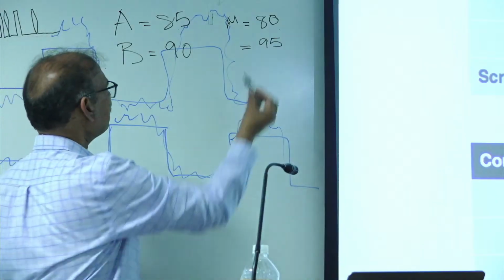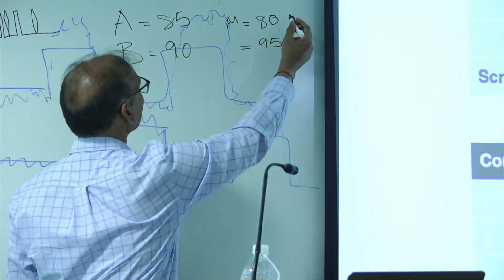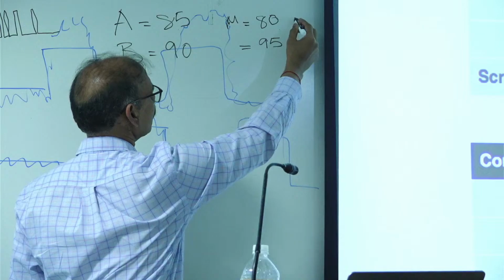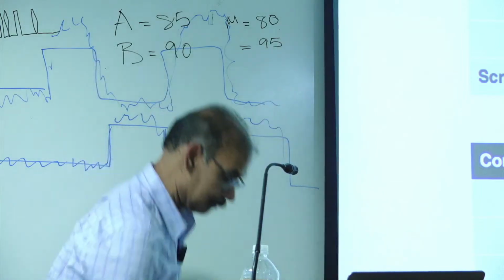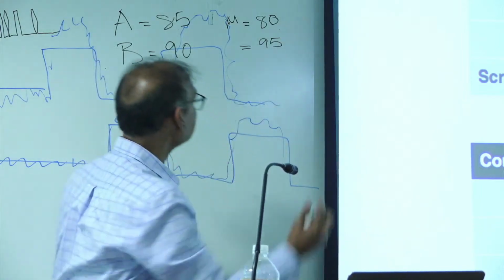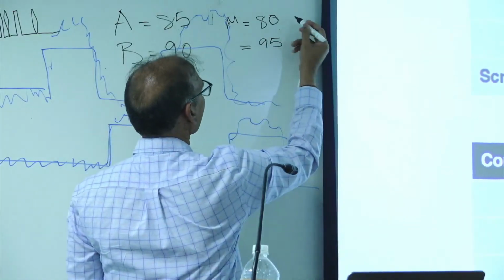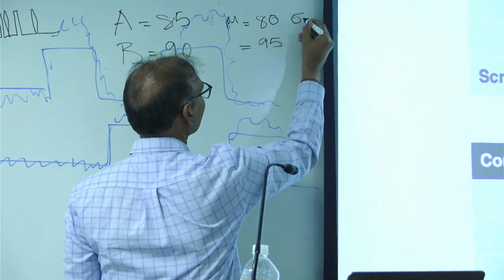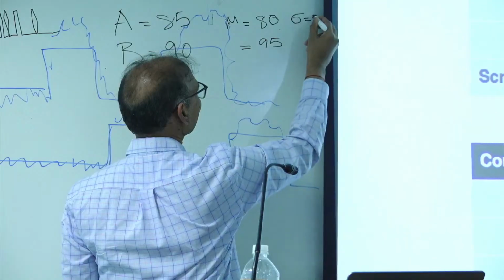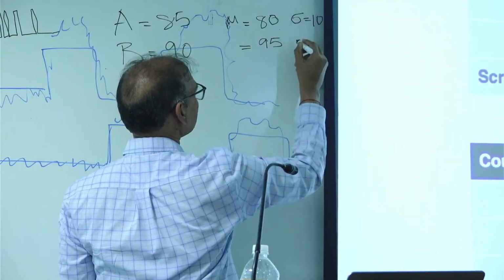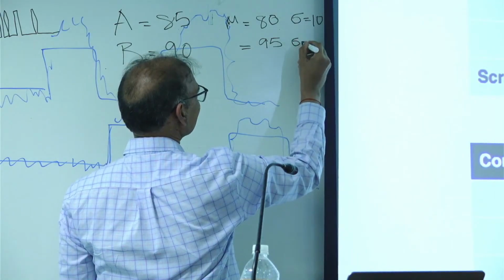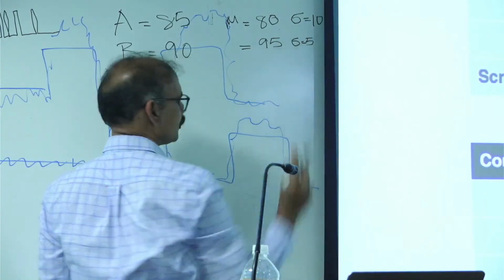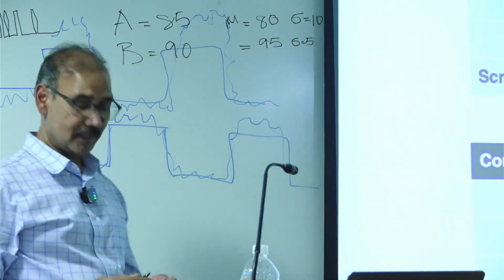Okay, good. So let's say the variance of this is equal to 10, and the variance of this group of students is 5, right?